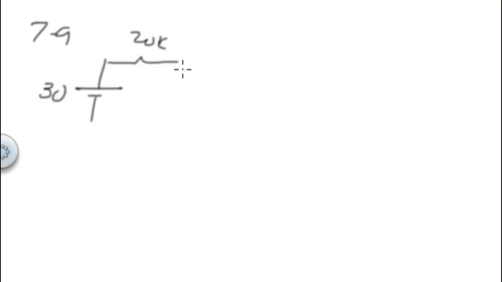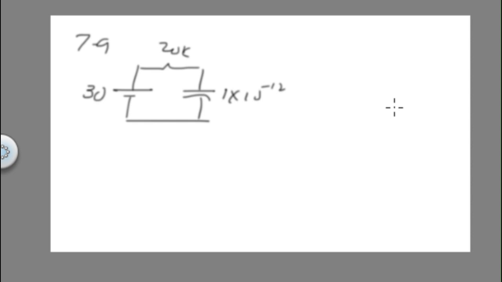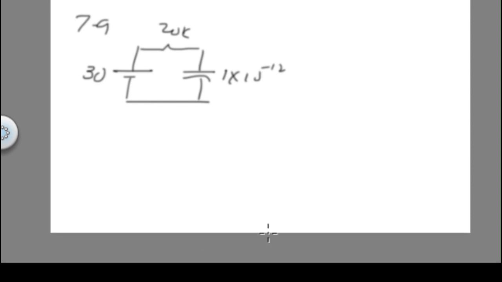Okay, so for number 9, we basically say the same thing. For 7-9, the R in this case is 20K, 30 volts, 20K, capacitance of 1 picofarad, 1 times 10 to the minus 12th.